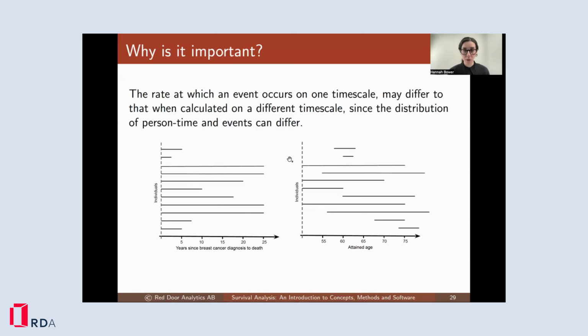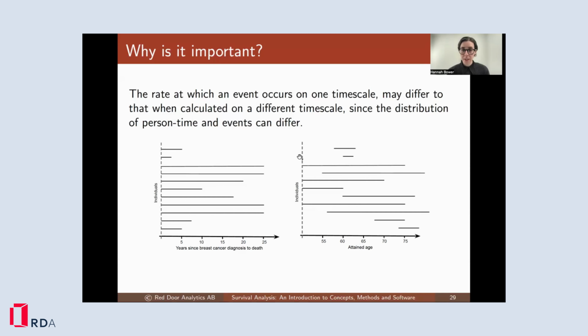So if we take the first individual, we know that we follow them from time since diagnosis for around 5 years. But here we can see that they have their breast cancer diagnosis around 57 years, let's say. And then we follow them for 5 years, at which point they are 62 when they exit the study.